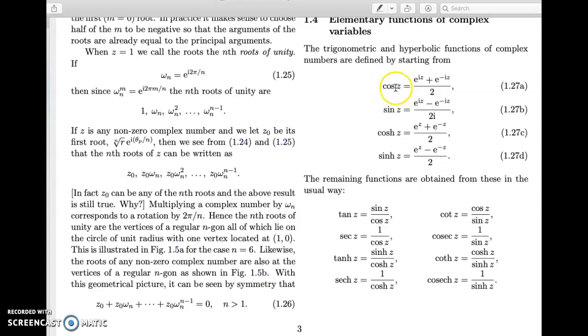Similarly, if you replace z here by iz, the iz here turns into i times iz, so it's e to the minus z, and the other one you get e to the plus z. So this is actually just cosh of z. Okay, so cos iz is equal to cosh z, and cosh iz equals cos z. So they're easy to remember.